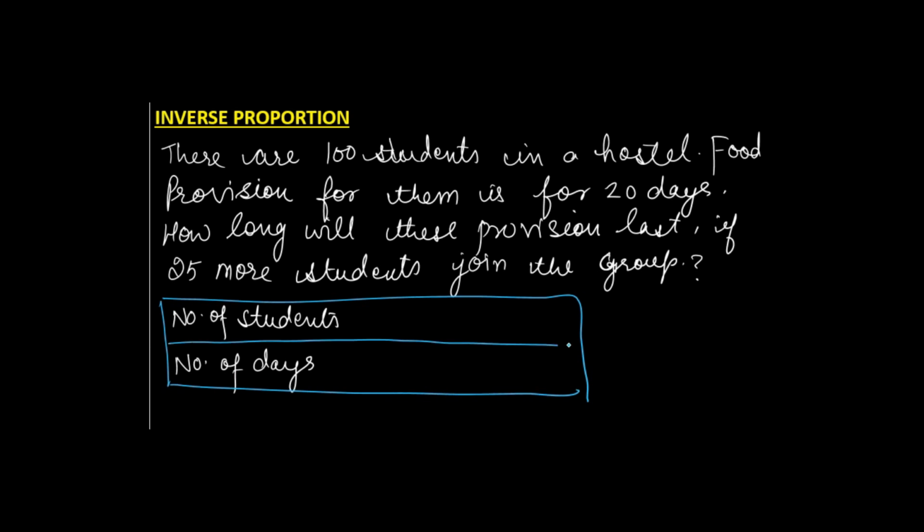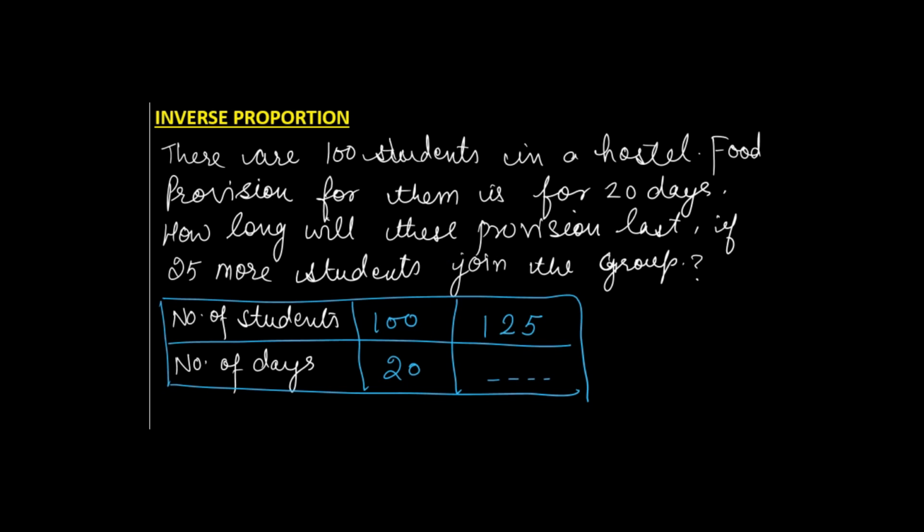It is given that when the number of students are 100, the food provision lasts for 20 days. How long will these provisions last if 25 more students join the group? When 25 more students join the group, the number of students becomes 125. And you have to find for how long will the provision last when the number of students are 125.